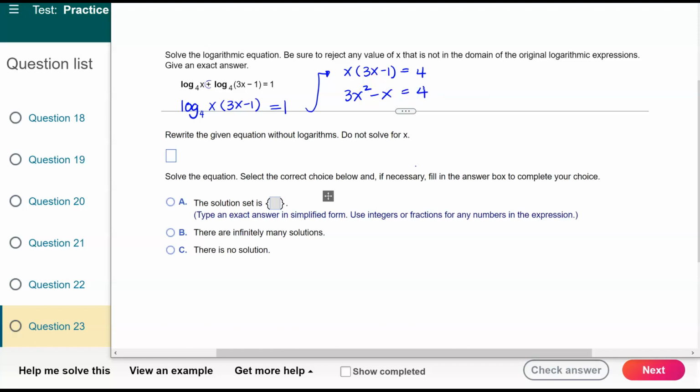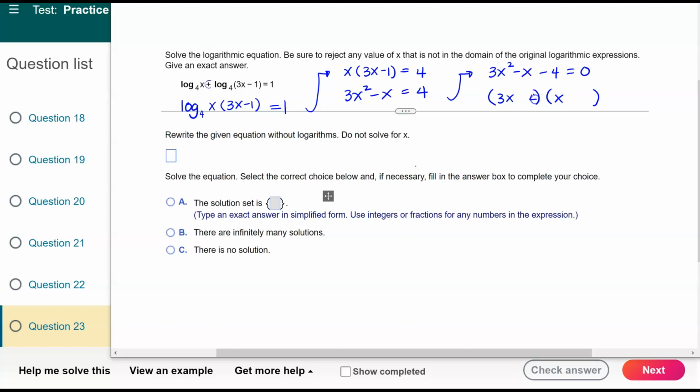Now you will have a quadratic equation. So this is the same as 3x squared minus x minus 4 equal to 0. Now factor. Try to factor this. So you will have 3x and then x here.